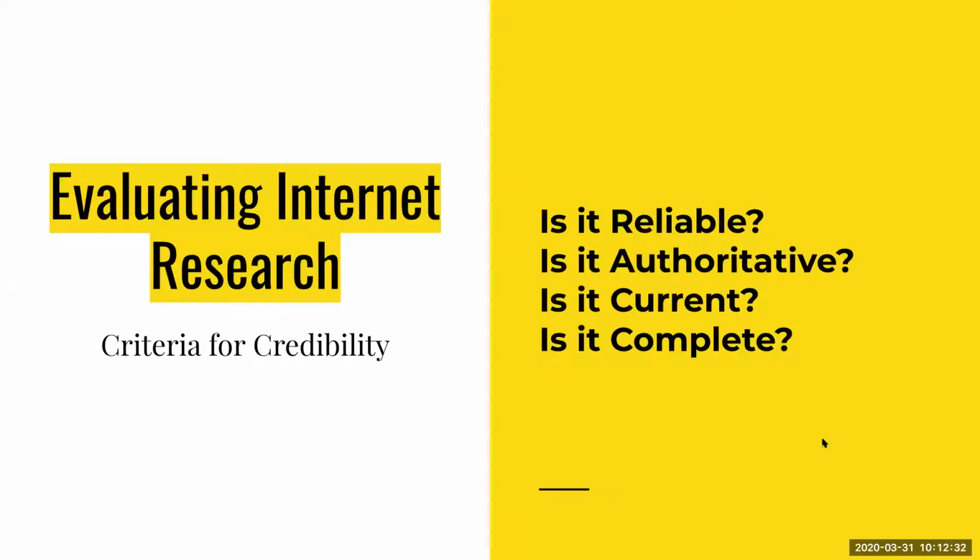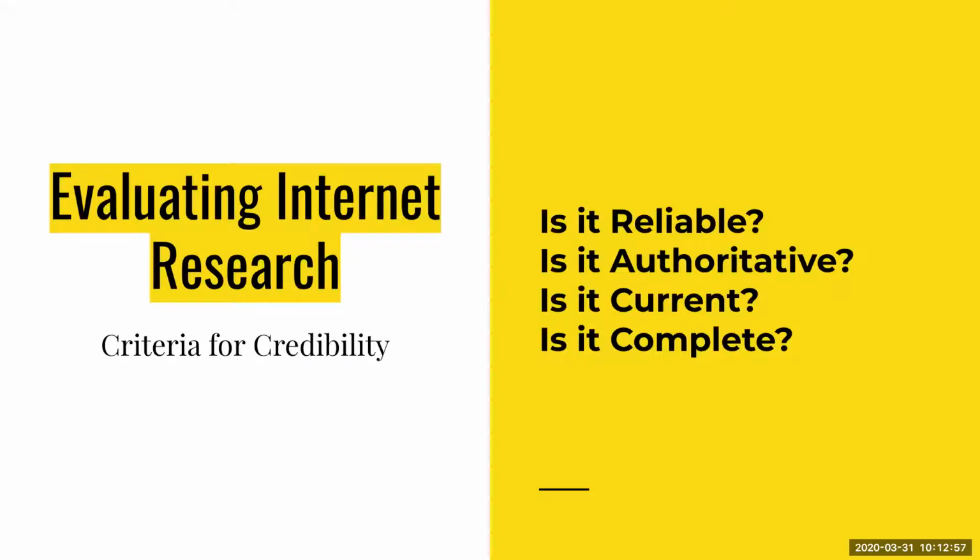Now, your first inclination might be to go and search on Google or search on Wikipedia. Please don't do that first. We're going to talk about later what the structure is for searching, but let's look at what you need to actually do to evaluate whatever research you're finding online to see if it's credible.